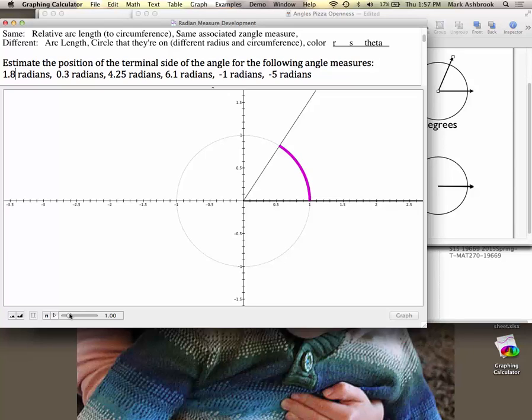So my question to you is, what fraction of the circumference or what percent of rotation is 1 radian? Everyone figure it out. 1 radian is what in terms of this way of measuring angles as percent of the rotation? Okay? Is that what everyone else was thinking? Carla wants 1/2 pi.